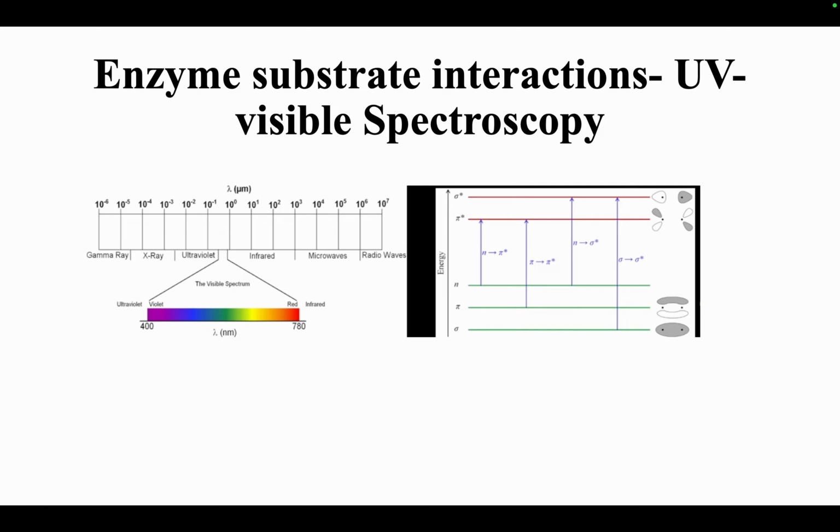Next we can measure enzyme-substrate interactions in UV visible spectroscopy. So what is UV visible spectroscopy? We have wavelength.